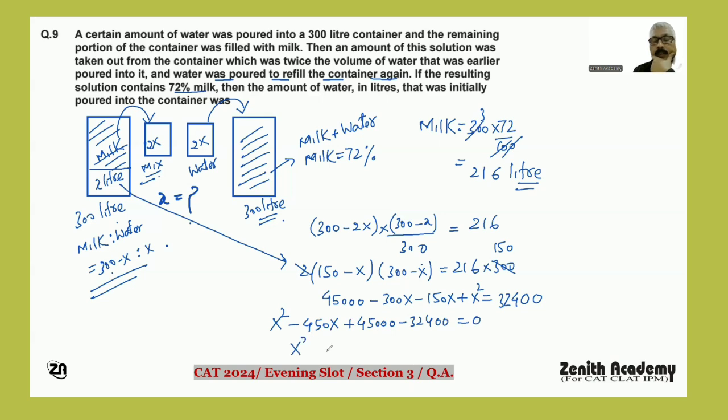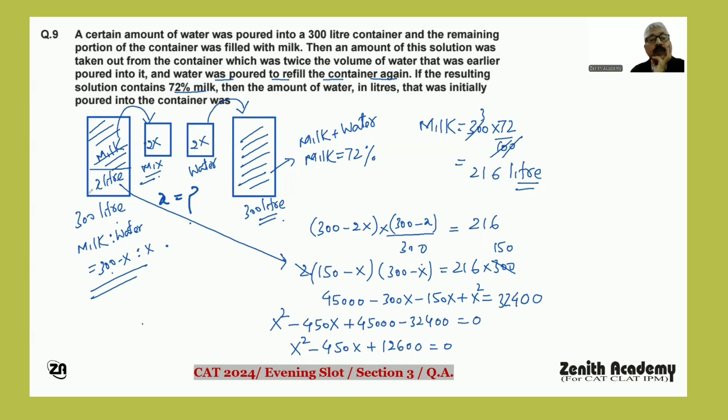And this is x squared minus 450x plus 12600.